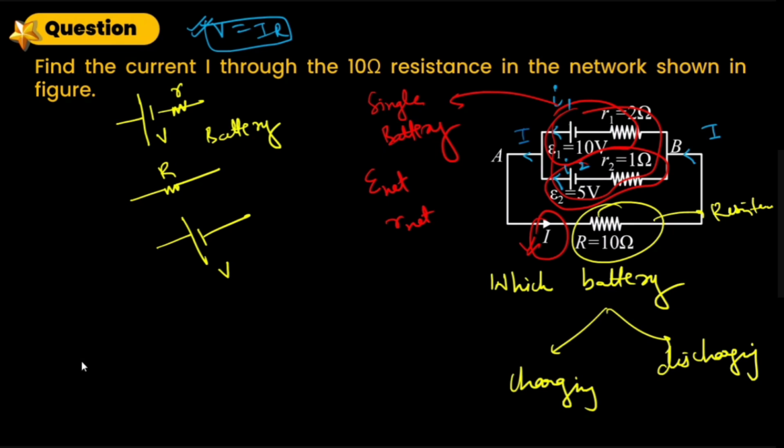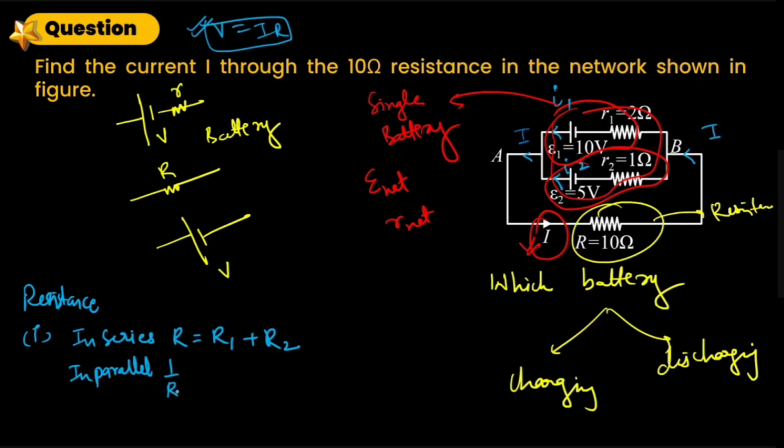So whenever we are talking about resistance, it follows its traditional way. Like in series, the net resistance is R1 plus R2, as we already know this thing, right? And in parallel, the R net is supposed to be 1 by R1 plus 1 by R2. So this is how the resistance is calculated.